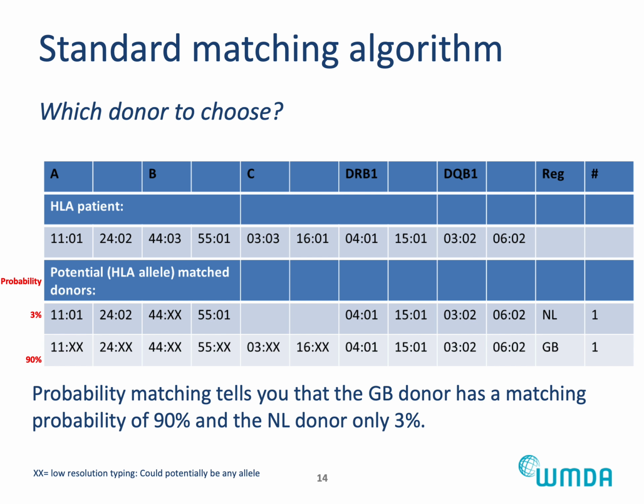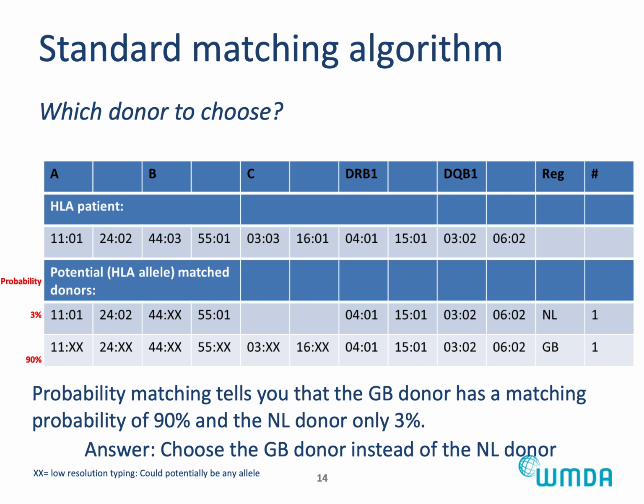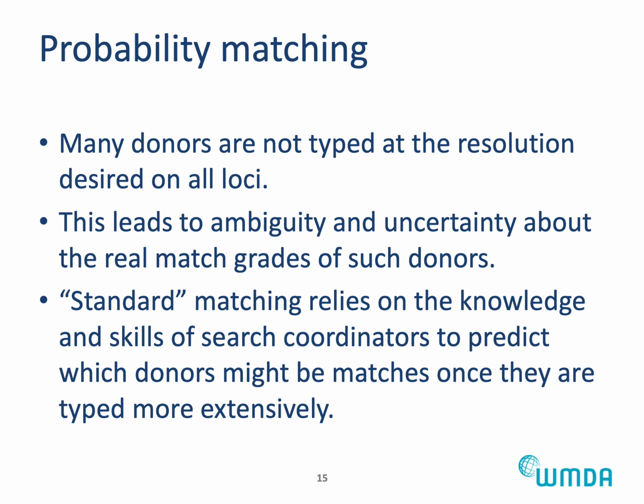So it is clear you should have chosen the GB donor over the NL donor, but with only the standard matching program you would not have known this.